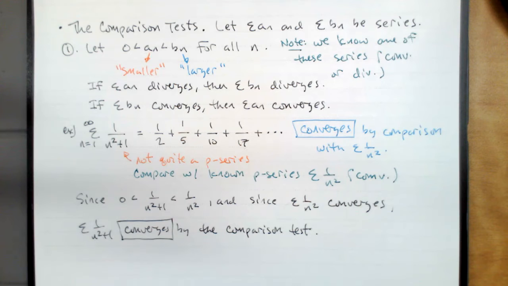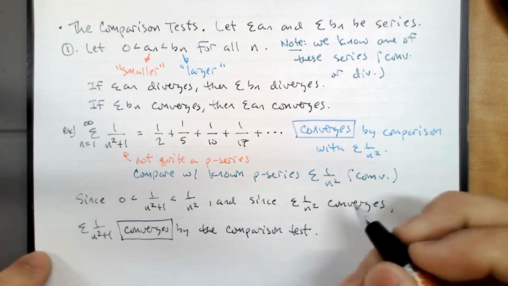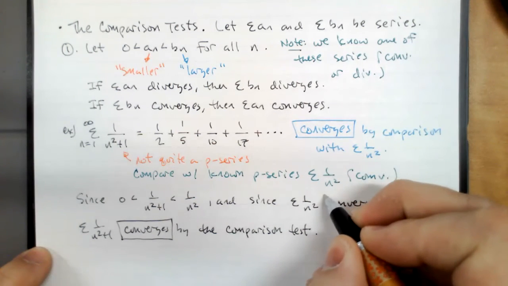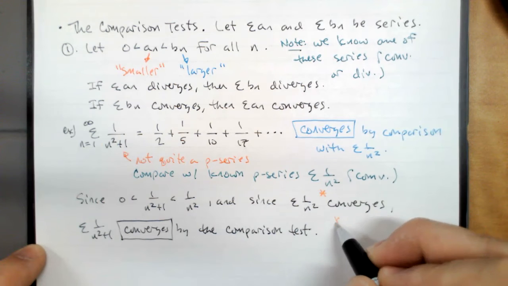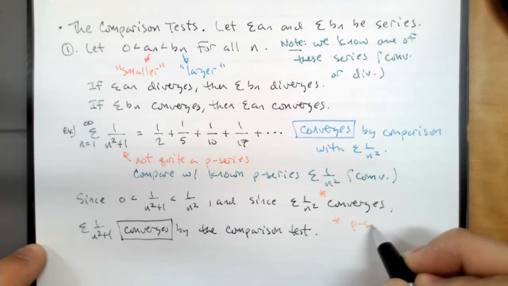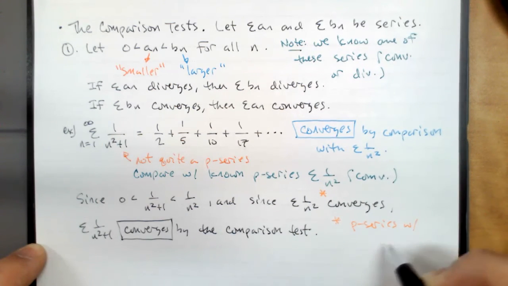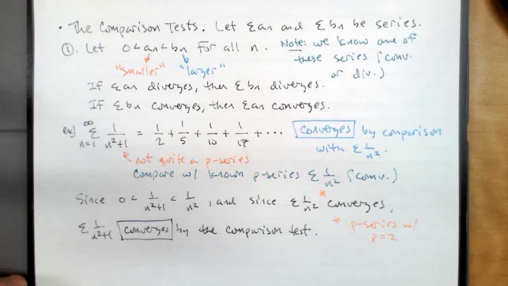That's a known convergent series. It's a p series with p equal to 2. So there are other things that we might want to include, just in case someone calls us on this. If defense objects to just making this claim, we could say it's a p series with p equal to 2.